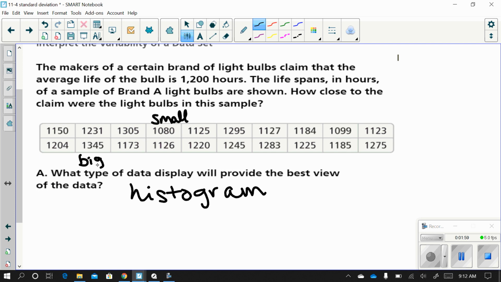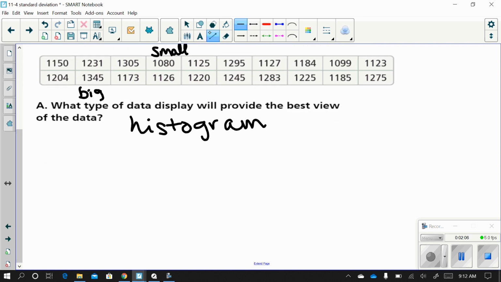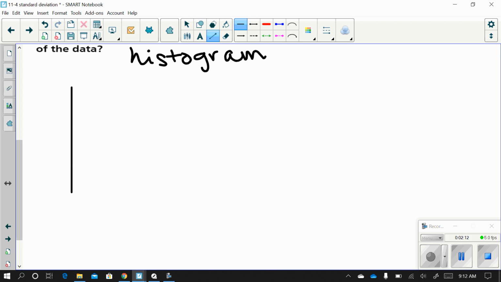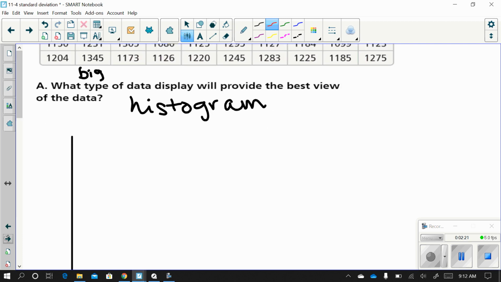I'm thinking maybe we should go by 50s. So let's make my histogram. Let me get some lines up in here. We're going to go by 50s, and I think I'll start at 1,000.